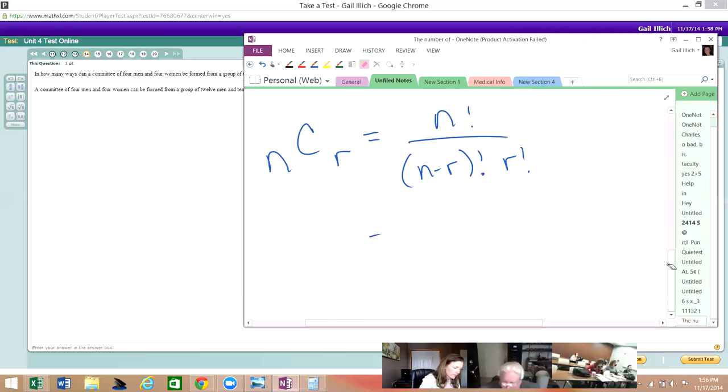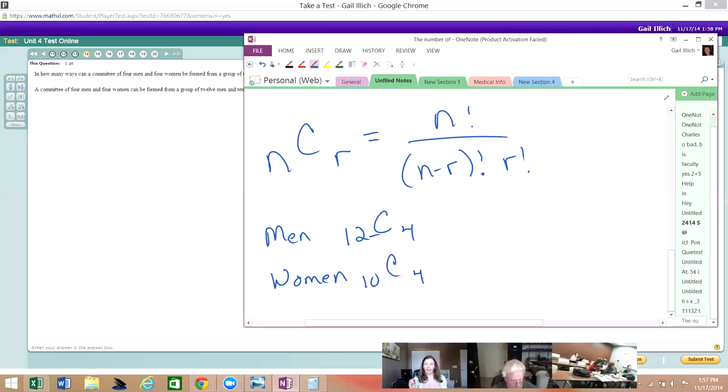And then what's the women? 10 choose 4. The number of ways of our committee is the number of ways we can get 4 men times the number of ways we can get 4 women.